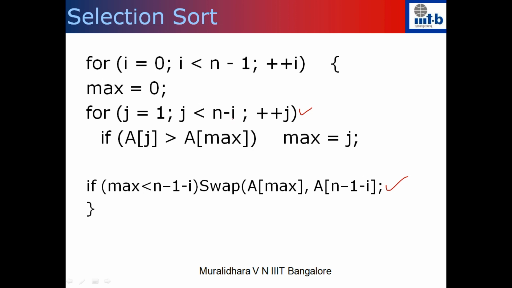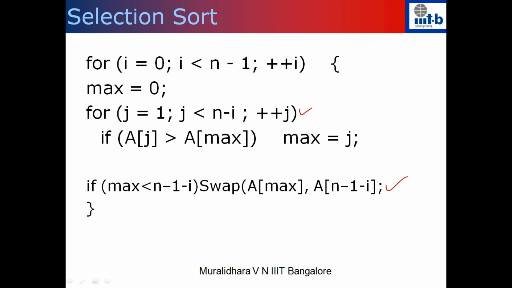In the ith iteration, you are just looking at the numbers from 0 to n minus 1 minus i, and the inner jth loop will find, among all the numbers from 0 to n minus 1 minus i, the location of the largest number. Once it is found, if the location of the largest number is not n minus 1 minus i, then swap the largest number with the number at the n minus 1 minus ith location.